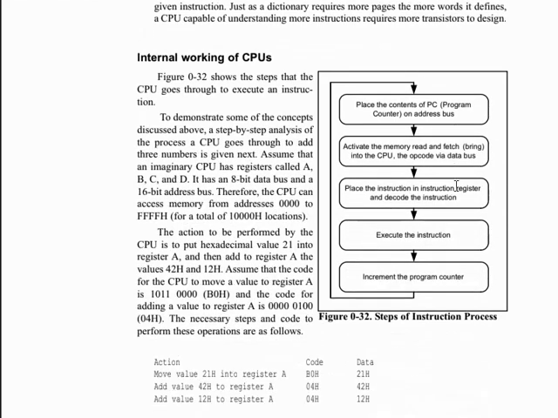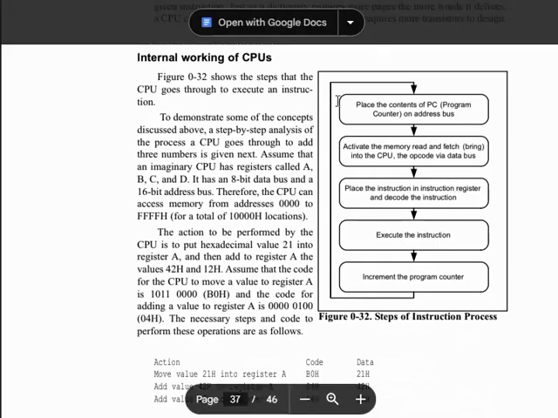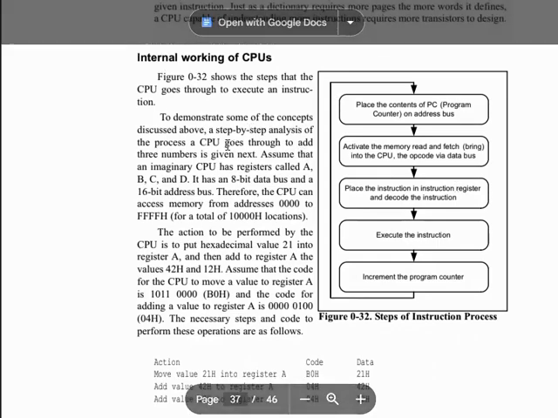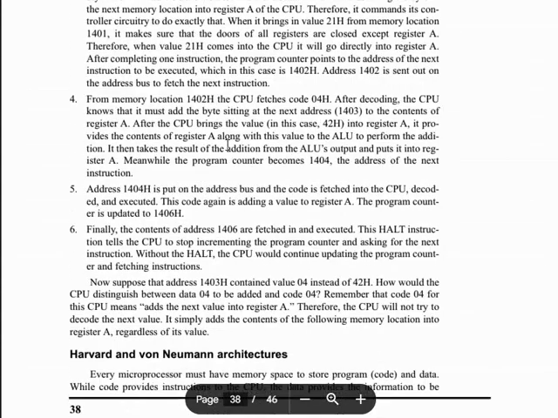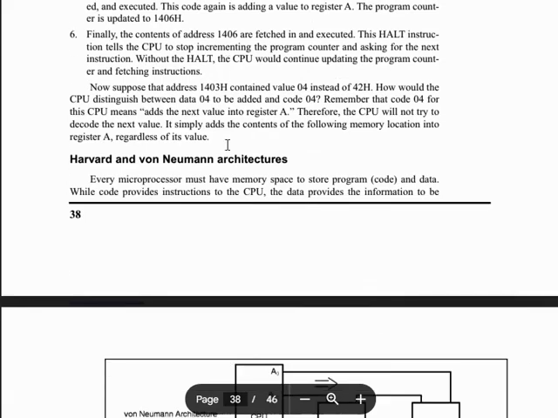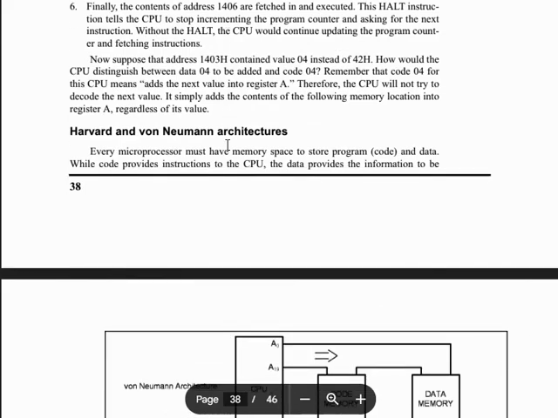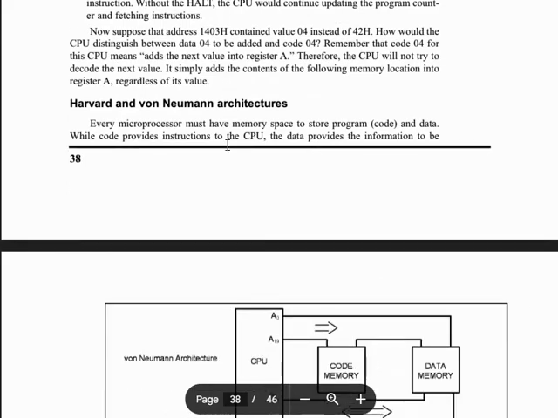Then we have already covered the internal working of the CPUs. Harvard and von Neumann architectures. Von Neumann, or Princeton, architecture has shared buses: code and data share the same bus, giving slower processing, as code and data access can slow each other down.